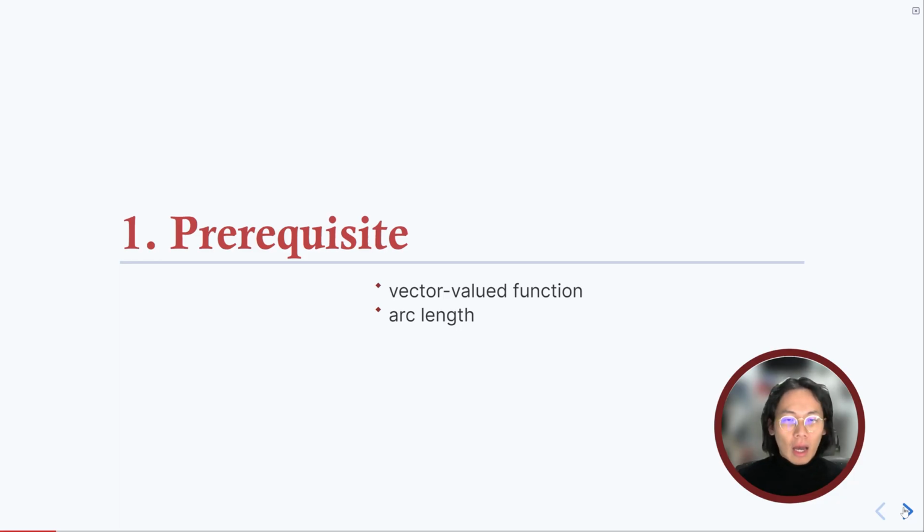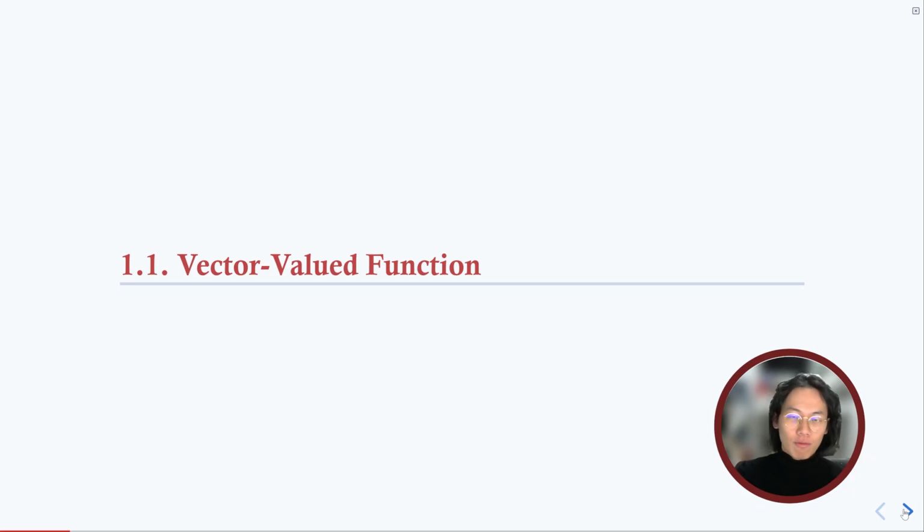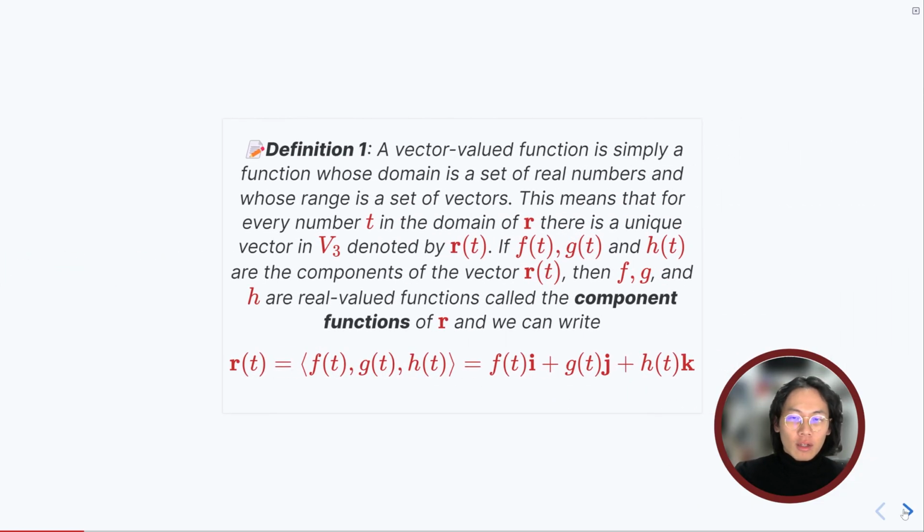Before that, I will give you a review of vector valued functions and arc length. So what is a vector valued function? This is a very formal, rigorous definition from Thomas' Calculus, and one thing I would like to highlight is the component of this equation.